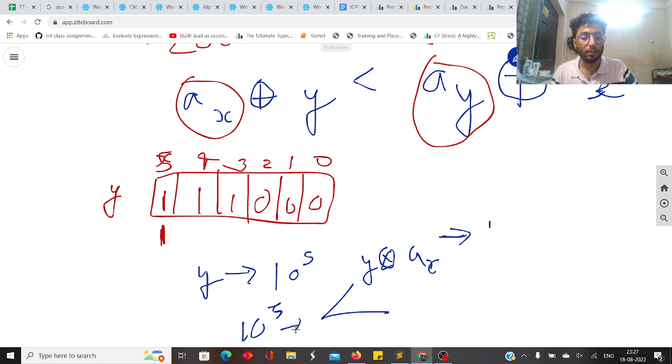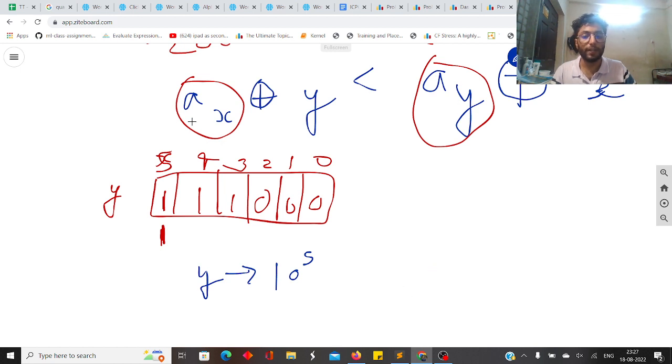The value of my y cannot go lesser than this expression, 10 to the power 5 minus 256, because the maximum bit that ax can affect in my value of y is the bit corresponding to the value 256. At maximum it can turn off this bit.